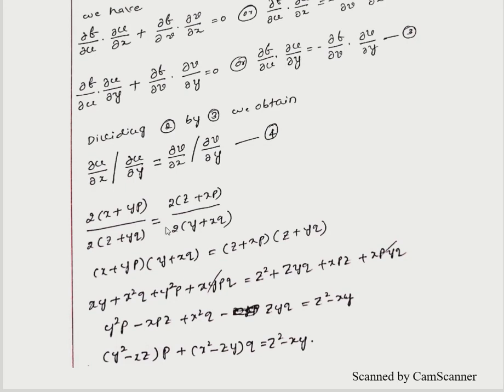Cross multiply. After simplification, we get, first multiply with x: x into y is xy, plus next x into x square into q.